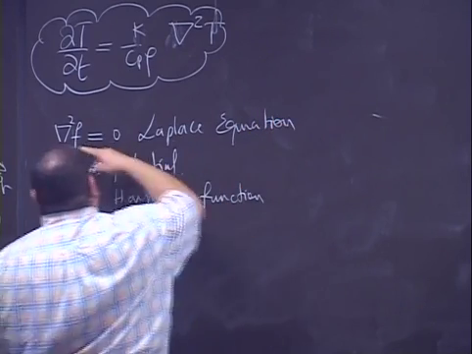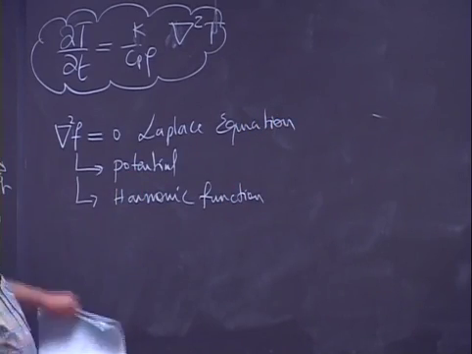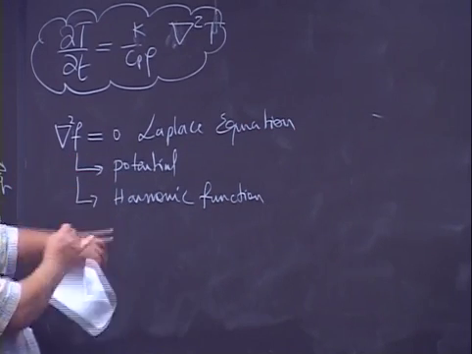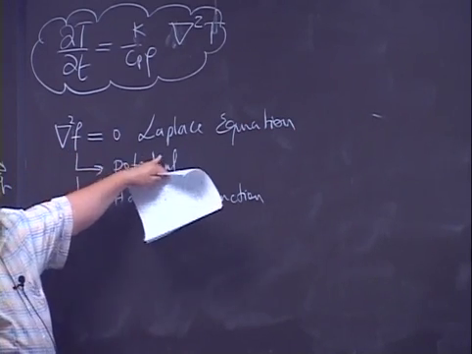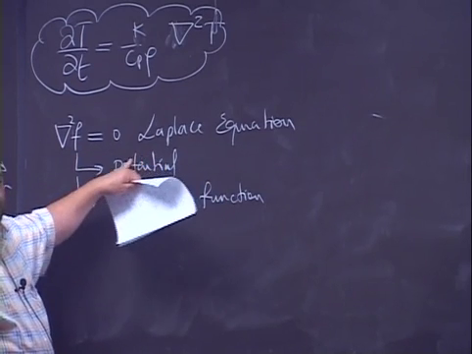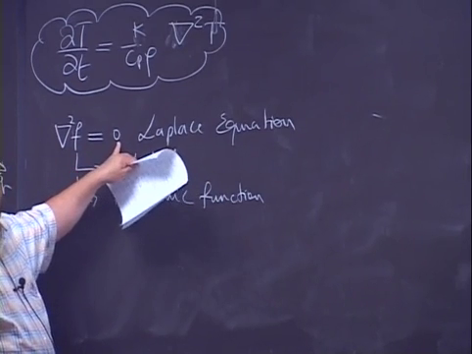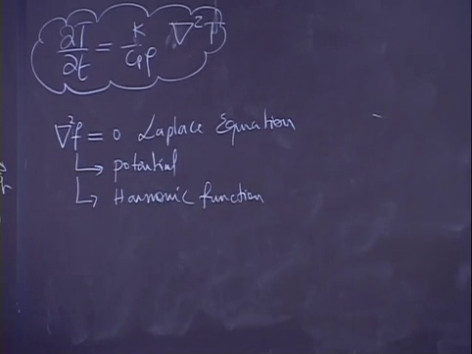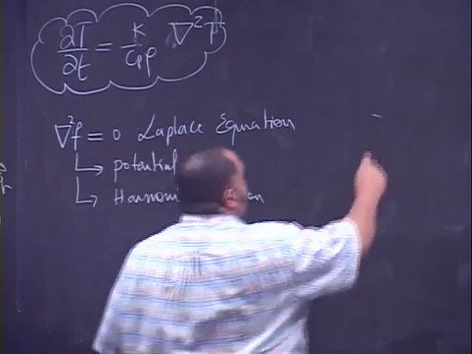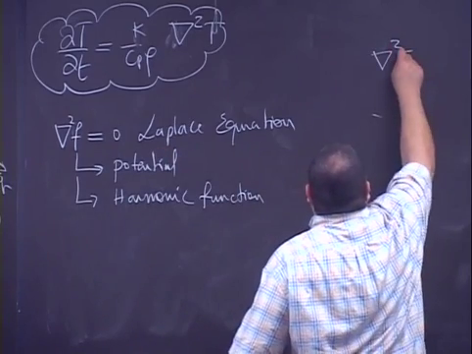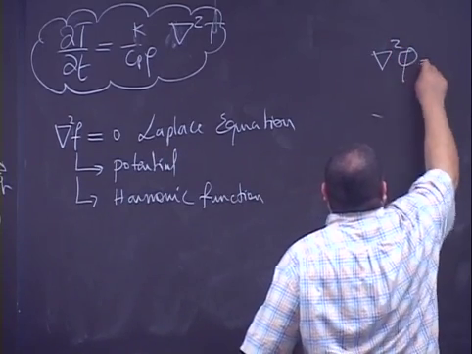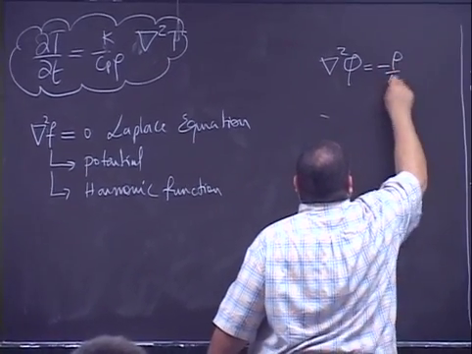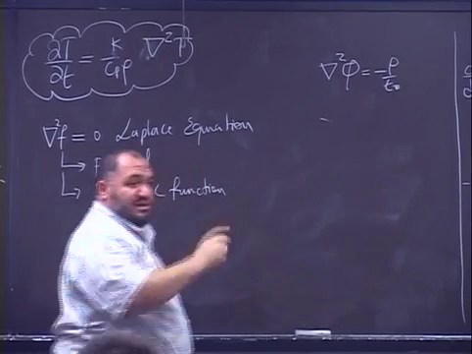And nabla square is called the Laplacian. So if you have nabla square f equal to 0, this is the Laplace equation. And if it is equal to a function of x, this is called the Poisson equation. Okay, guys? Like what? Like in electrostatics, nabla square phi equal to negative rho over epsilon naught. So this is in electrostatics, for example.